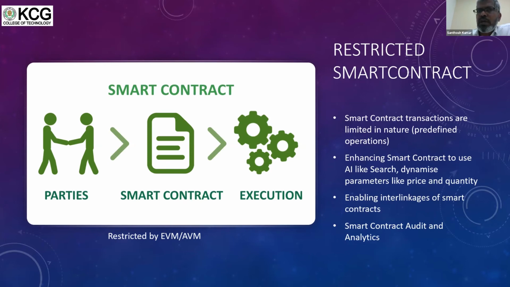The other aspect, as I mentioned, is the interlinkages between smart contracts. Today, most smart contracts are treated as standalone entities, and there is almost zero relation established by blockchains between smart contracts. That's where a lot of organizations have come up with smart contract analytics tools using AI to predict relationships and the potential probabilistic transaction operations after a particular event has happened.